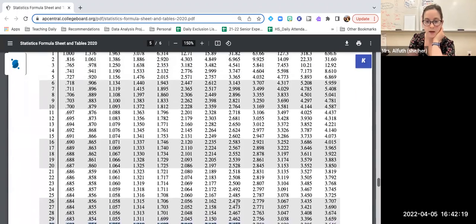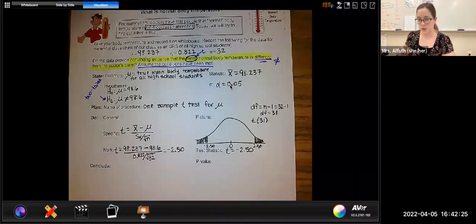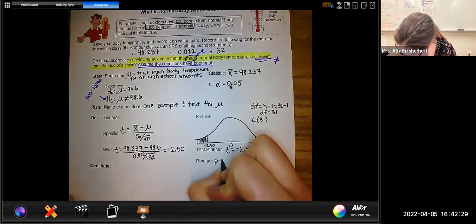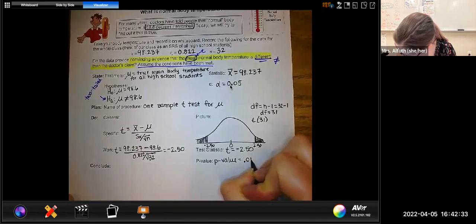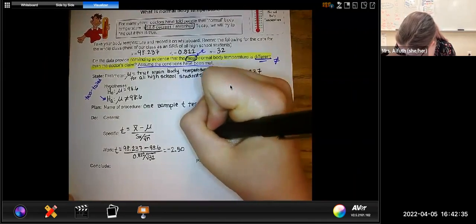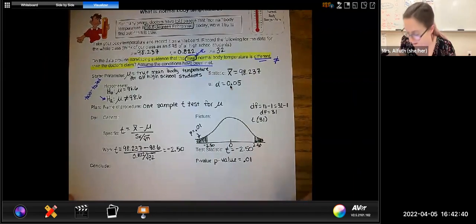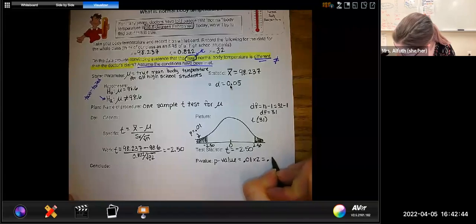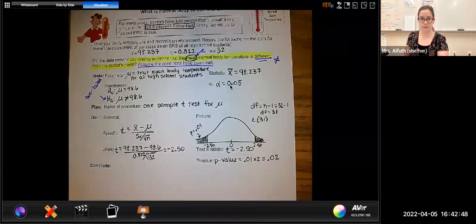So then we'll go straight up from there and we have 0.01 as our p-value. So one tail has a p-value of 0.01, but I need both of those tails, so I'm going to multiply that by 2. So my p-value for this two-tailed test is 0.02.